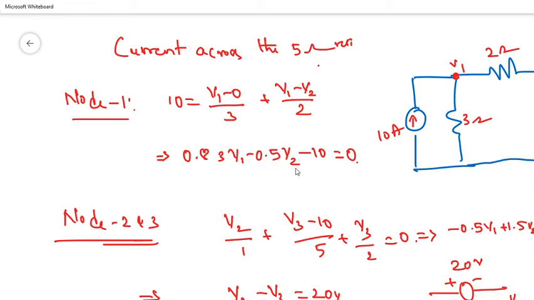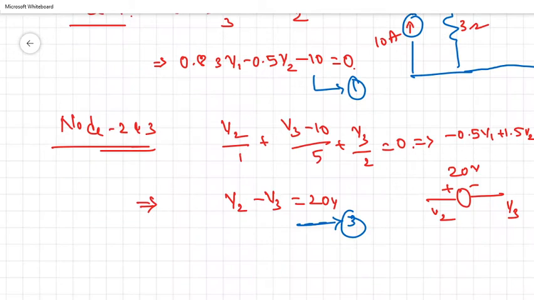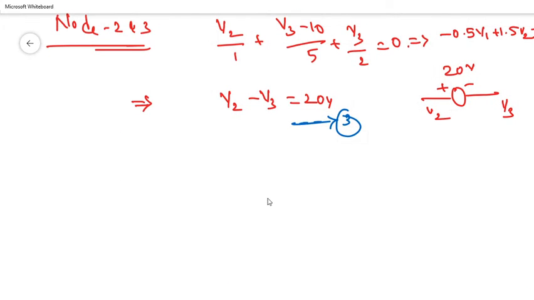So in total, how many equations did you get? This is node equation 1 and this is node equation 2, and this equation, which is by skipping that particular voltage source, gives you the third equation. Just by simplifying these 3 equations, you get the values of V1, V2 as well as V3.